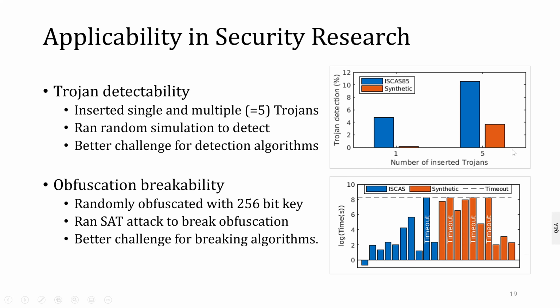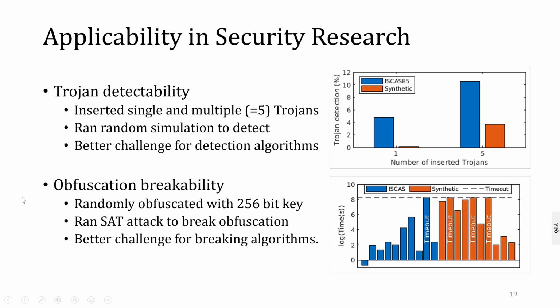In the case where we inserted 5 Trojans, we have seen that for the ISCAS benchmark, more than 10% of simulations could detect the Trojan, while around 4% of the simulations could detect the Trojan for the synthetic benchmark. This means the synthetic benchmark suite is providing more challenge for the Trojan detection scheme.